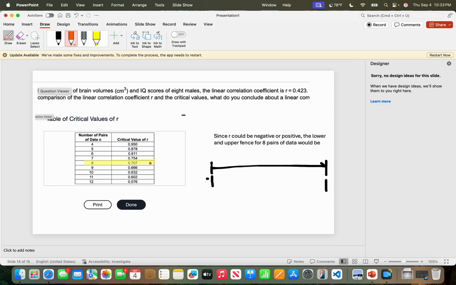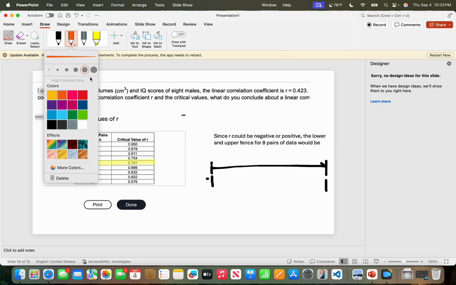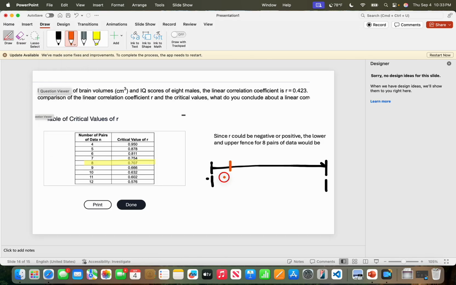And according to this chart here, here's negative 0.707. Bear with my mouse pad writing. Here's positive 0.707.